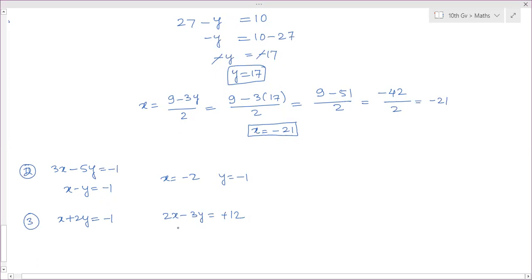Try this question. Ma'am, it's +12. Yeah, +12. Ma'am, is y -2 and x 3? -2 and 3 is right.